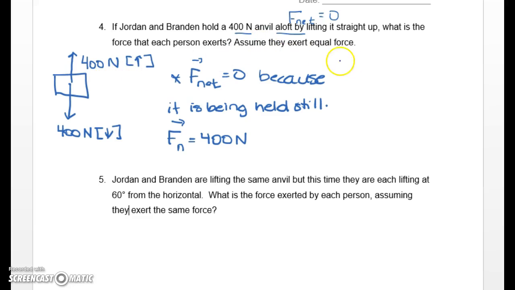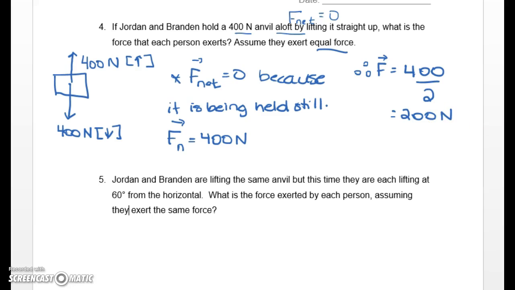Assuming that they have equal force, we have to divide this force by 2. So their force is equal to 400 divided by 2, which is equal to 200. Here we're talking about our force, so units are newtons.